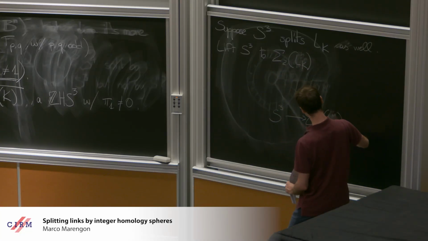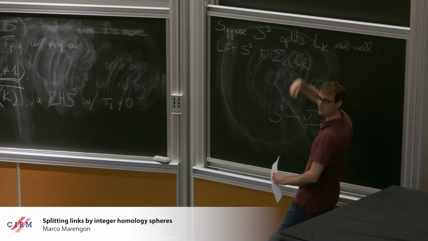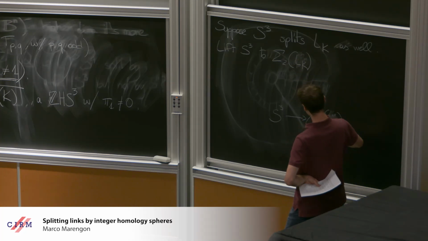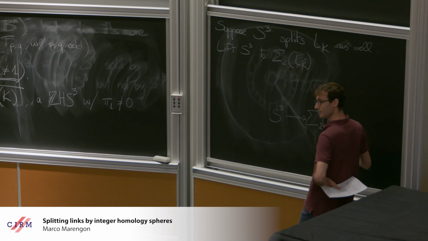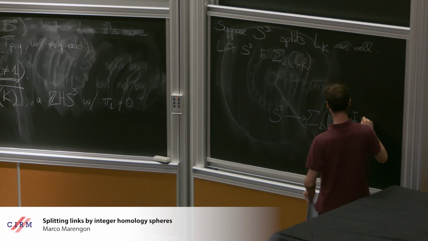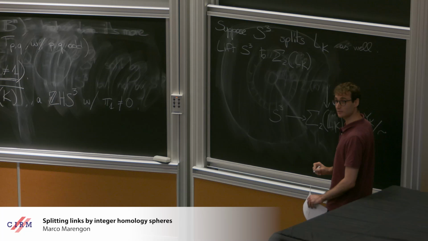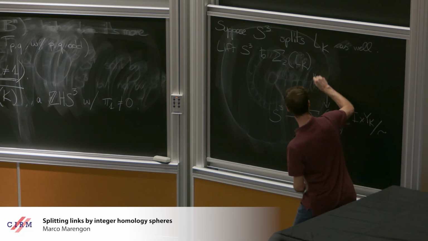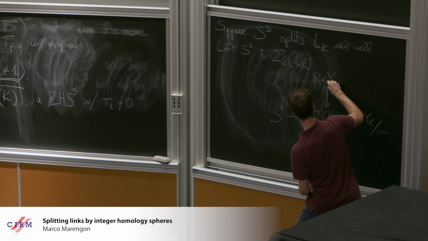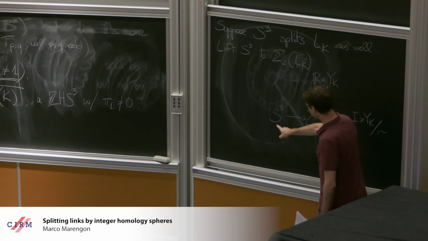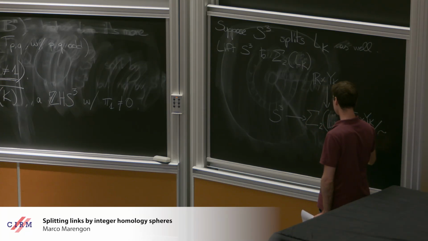S3 is in the complement of Lk, it's simply connected, so we lift it up. But now, sigma 2 of Lk is a mapping torus over Yk, and so there's another cover that is R cross Yk. And the condition that S3 splits this tells you that this is a homological section.